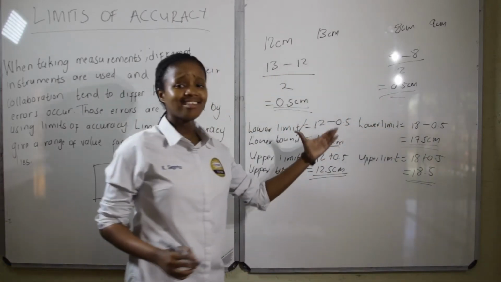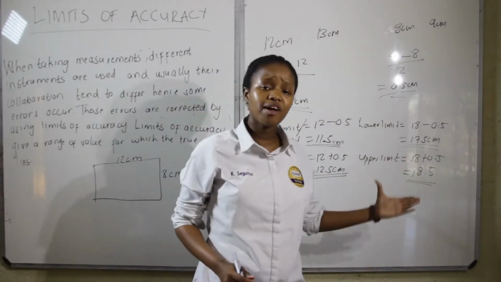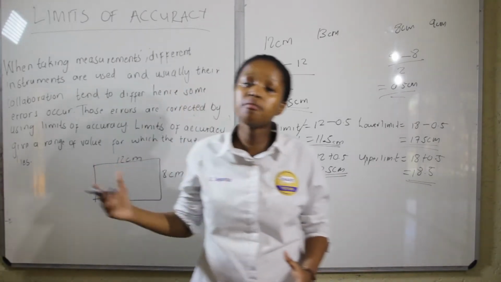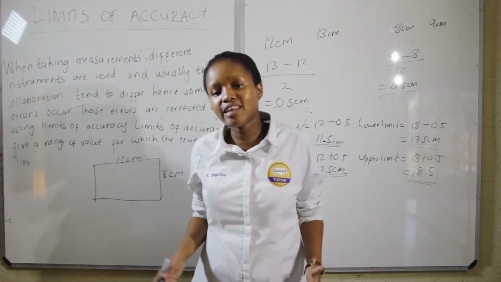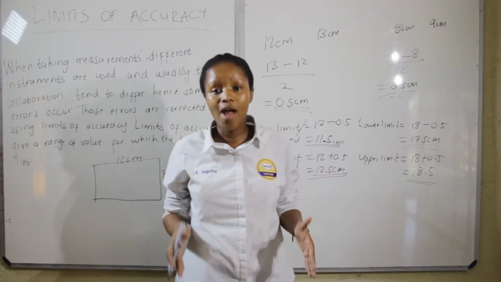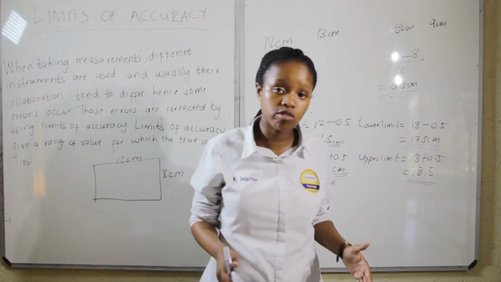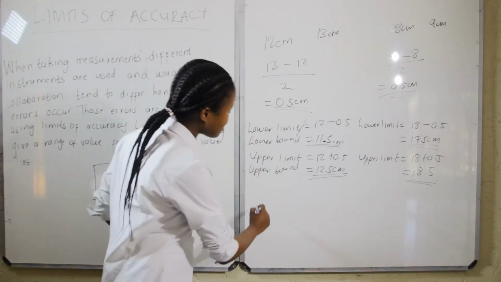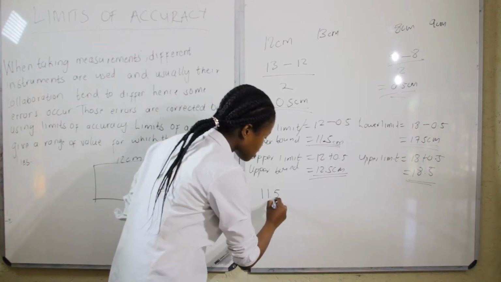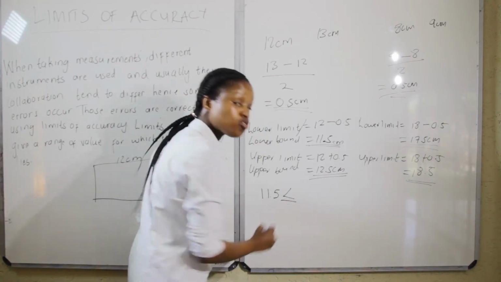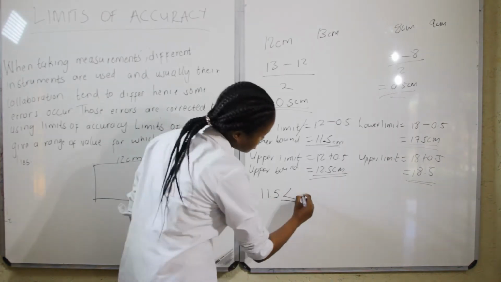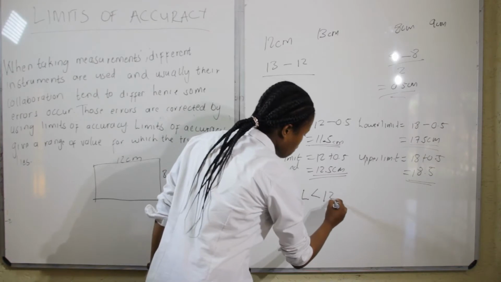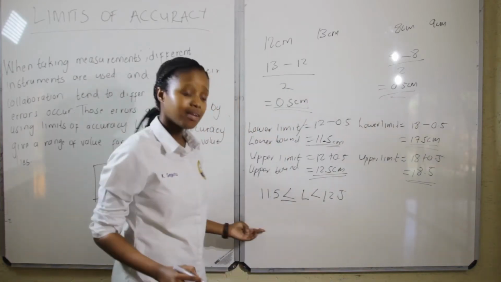So what are these values telling us? Remember what I said on limits of accuracy: it gives us a range in which the true value actually falls. So for the length, we're saying 11.5 is less than or equal to the length, which is less than 12.5. What is this statement telling us?